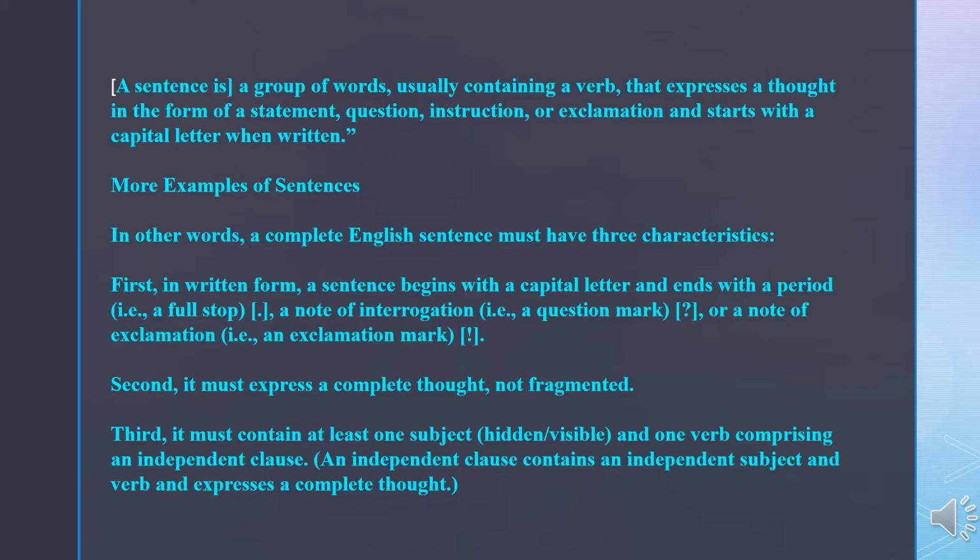Number one, in written form, a sentence begins with a capital letter and ends with a period. Period is a full stop. A note of interrogation, that is a question mark, or a note of exclamation, that is exclamatory sign or exclamation mark. Secondly, it must express a complete thought, not fragmented.